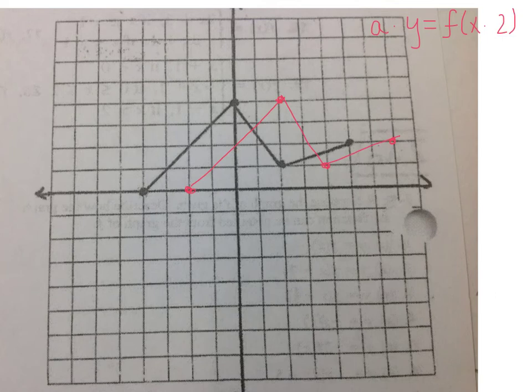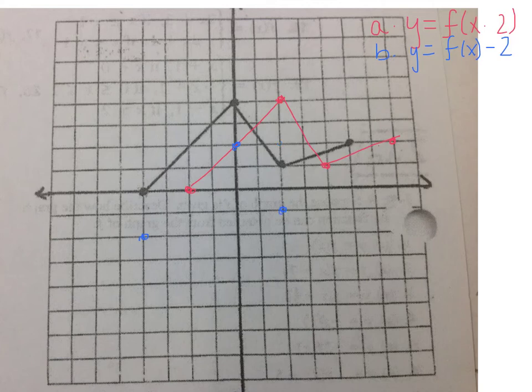And then I'll do B in blue. Y equals f of x minus 2. Now notice the minus 2 is on the outside, so that's a vertical shift, and we're going to go down 2. Oops, wrong one.